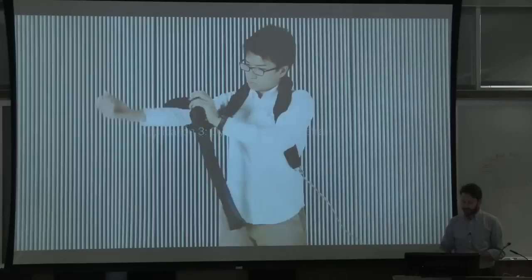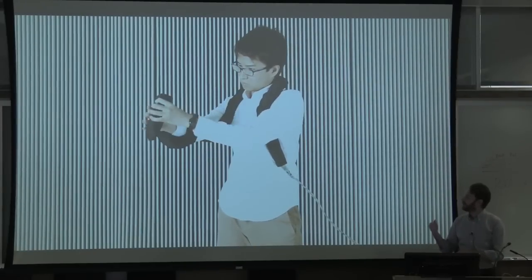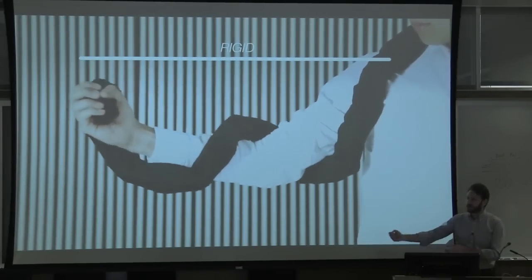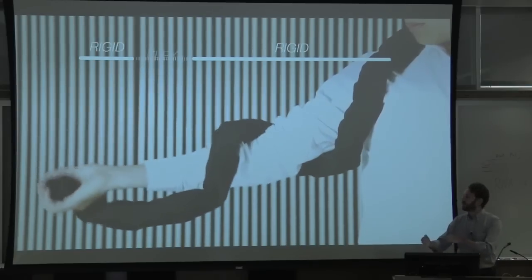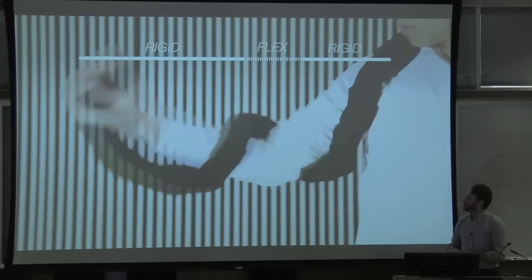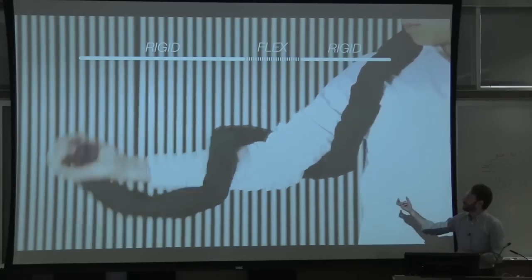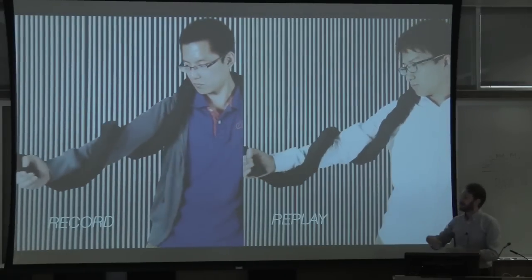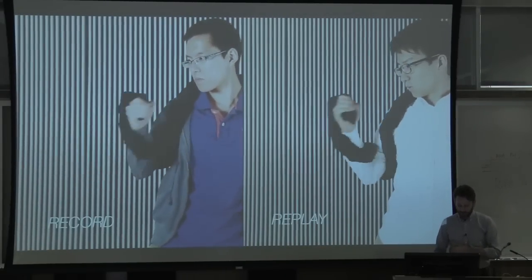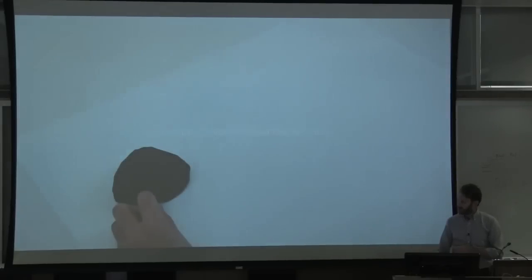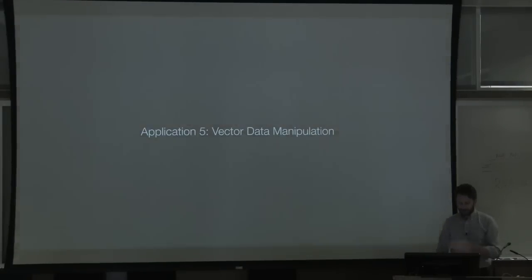And finally, as I was saying, having this physical interaction with the world. We could have these constraints where you wrap this around your wrist or your arm, and then it can actually move your arm. For example, you can have rigid parts or flexible parts, and then one person can record, and you can play that back on another person. I'll skip over these other applications, but see the paper for more details.